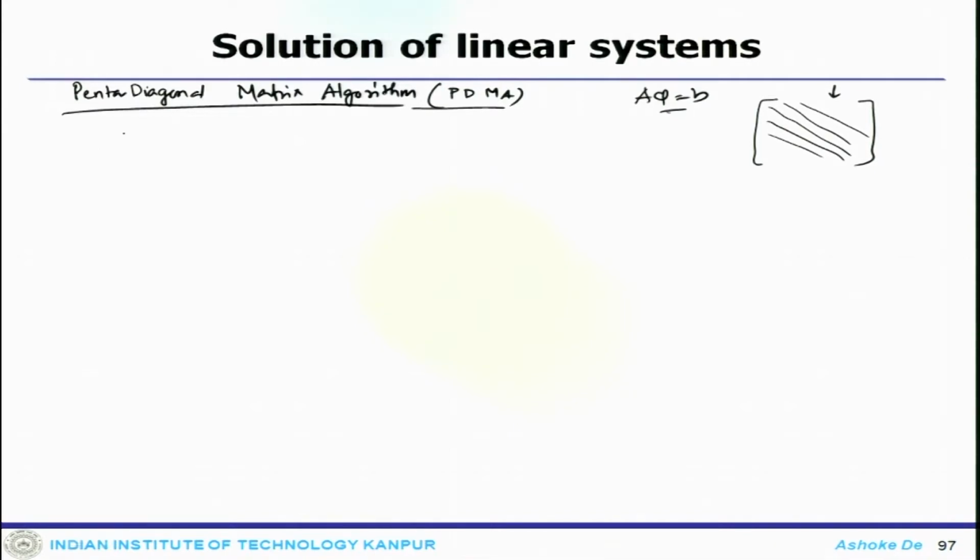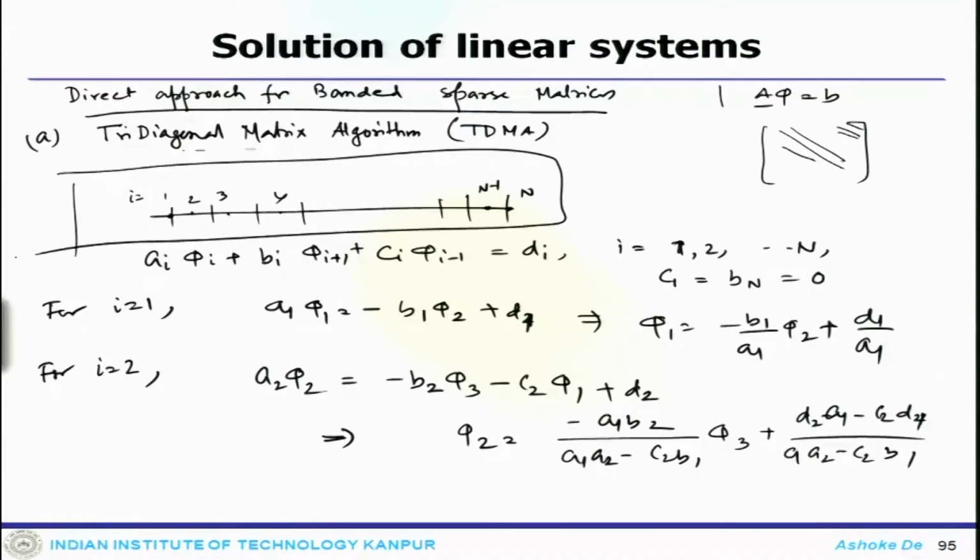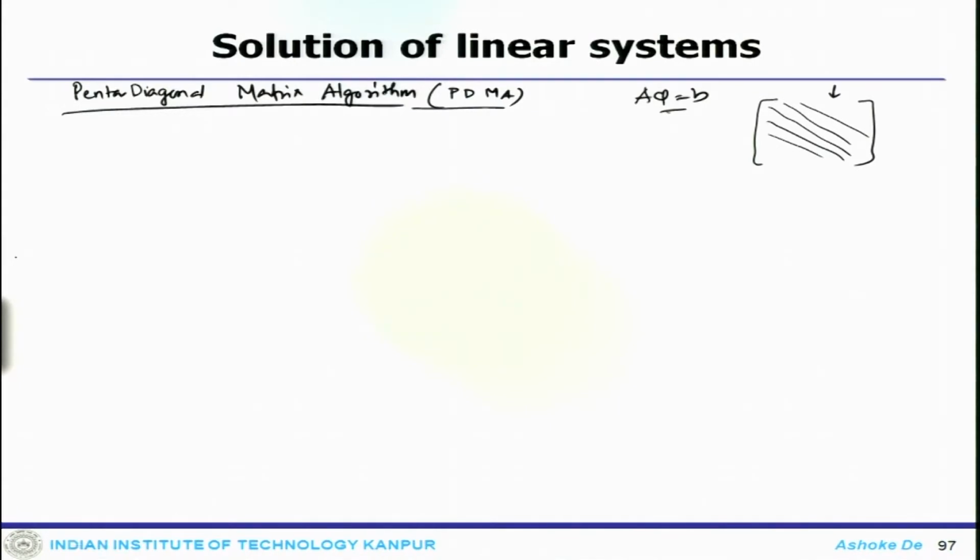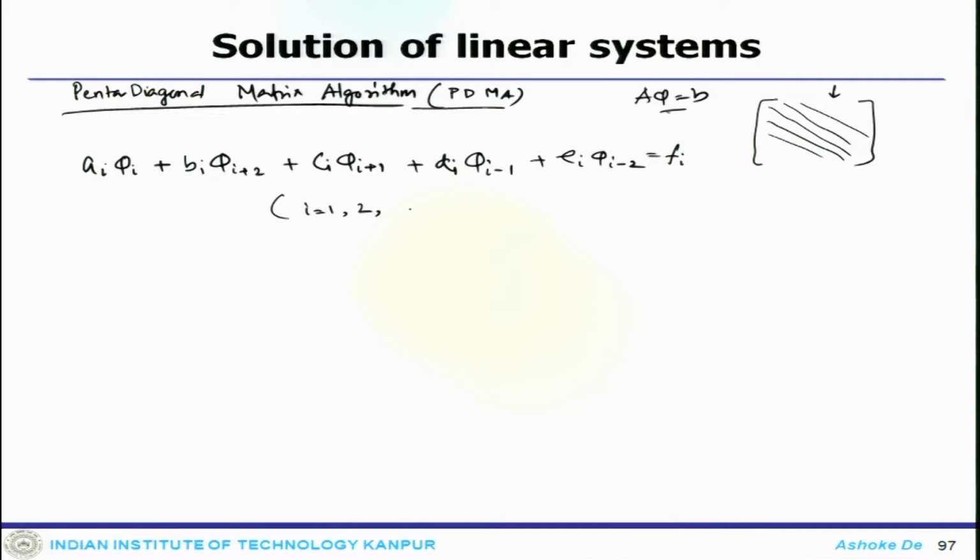And if one uses the very standard notation, like the one which we have used here, with i going from 1 to n, then the equation system for the pentadiagonal system would be A_i phi_i plus B_i phi_(i+2) plus C_i phi_(i+1) plus D_i phi_(i-1) plus E_i phi_(i-2) equals F_i, where i goes 1, 2 to n.